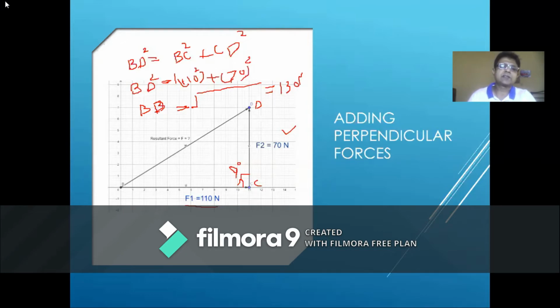So the value of this force is 130 Newton. I have added F1 and F2 when they were at 90 degrees to each other. Here we put in the values of 110 square plus 70 square as they are, and then you get the answer, 130 Newton.